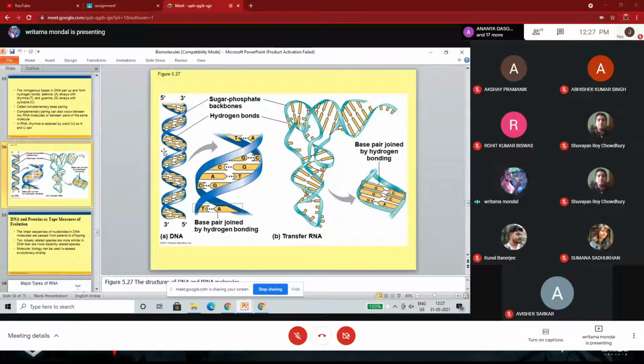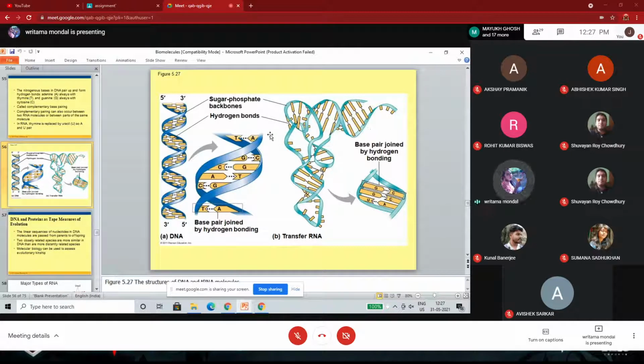If you turn around this DNA structure, then 3' will be situated here and 5' here. So from 3' to 5', but DNA synthesis occurs in the 5' to 3' direction. So the new strand will be synthesized in this direction, because opposite of 3' here will be 5', so 5' to 3'. For the other strand, this 3' will be situated here, the template strand, and the 5' here, and it will synthesize from this direction.